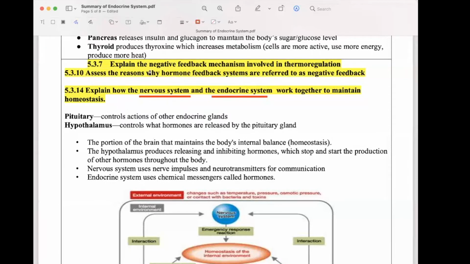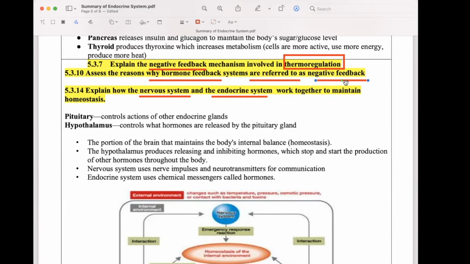We have to explain the negative feedback mechanism, especially taking the example of thermoregulation. We have to check why hormone feedback systems are referred to as negative feedback. We discussed it already, we call them negative feedback because they bring the body conditions back to normal.